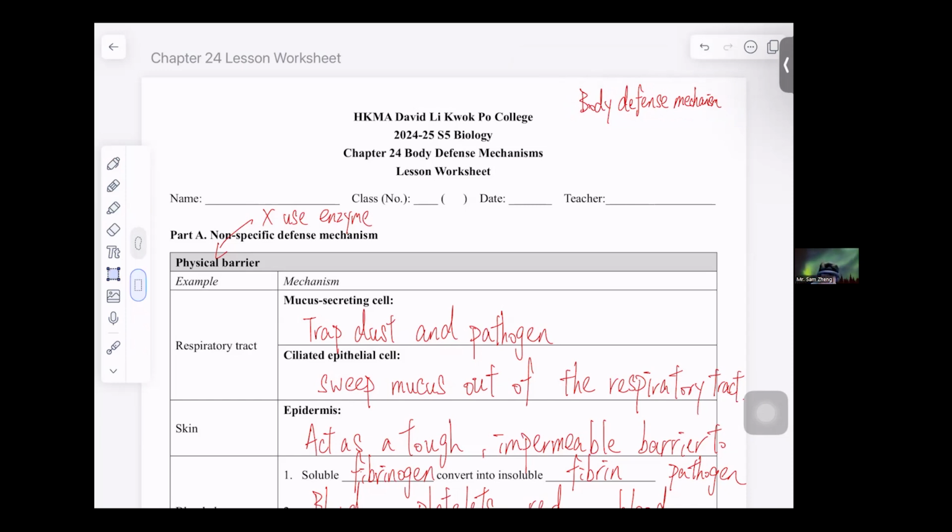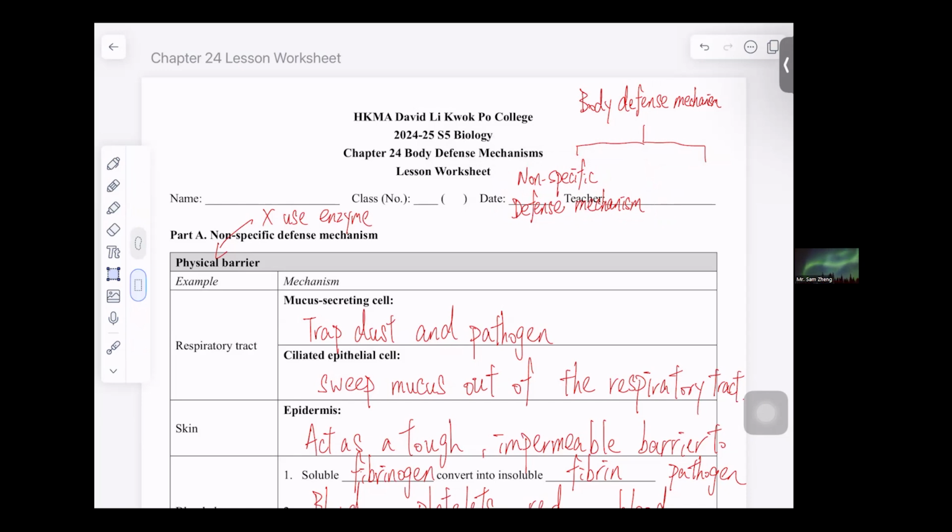The first part is what we call the non-specific defense mechanism. And we have another part, which is the specific defense mechanism.